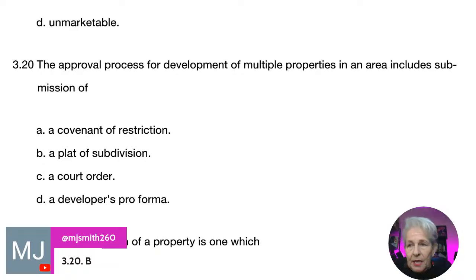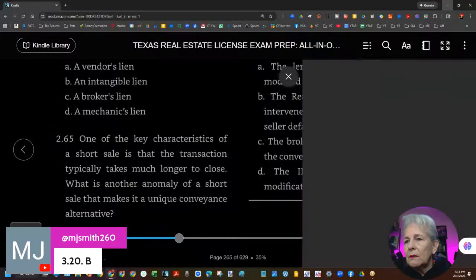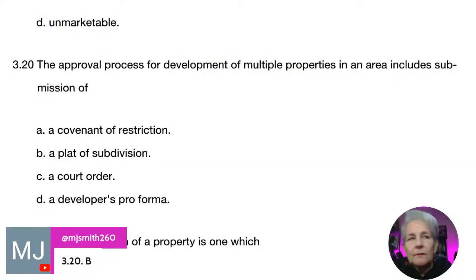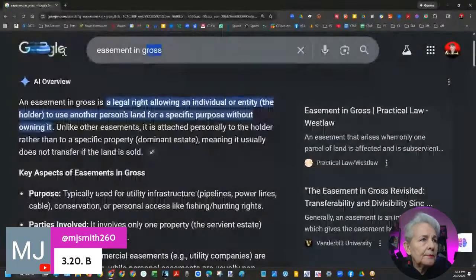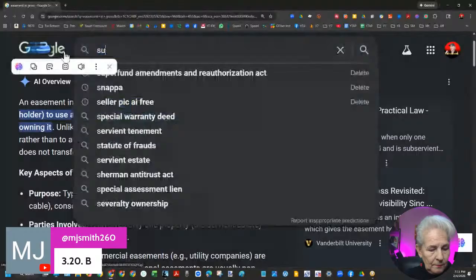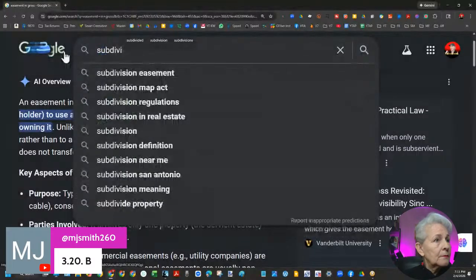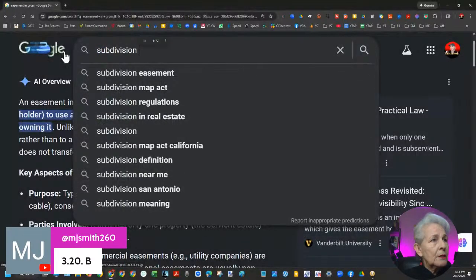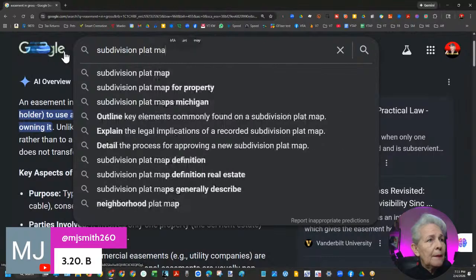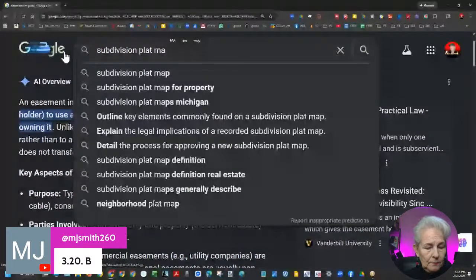Does everybody know what a plat is? A plat of subdivision. Let me show you an example. Subdivision plat map.